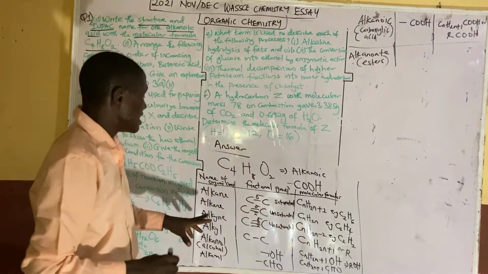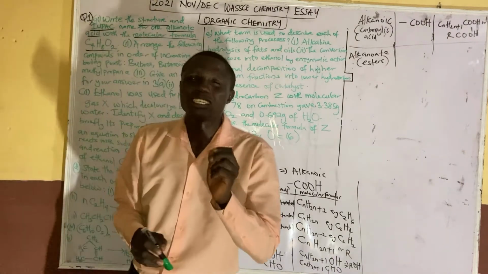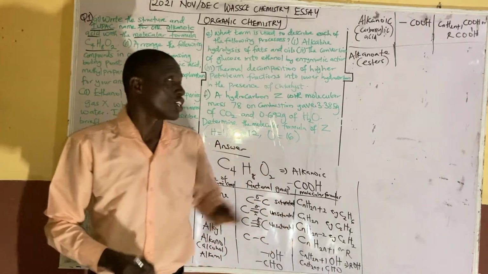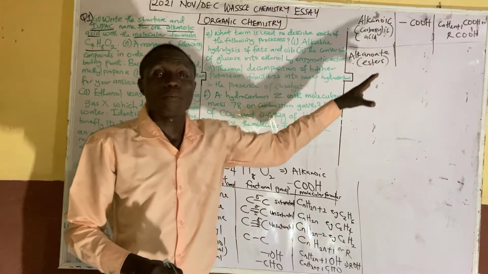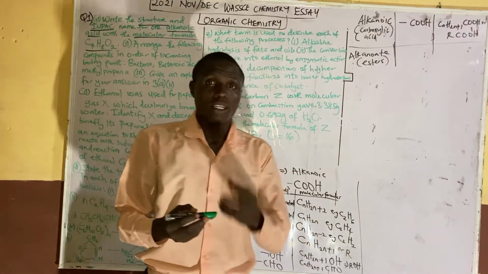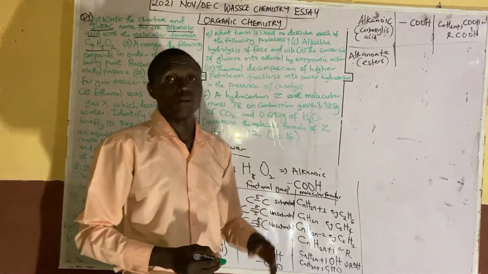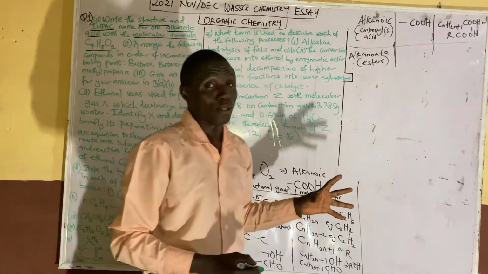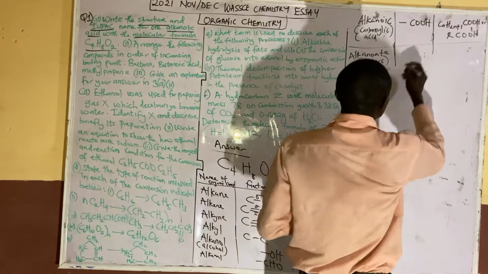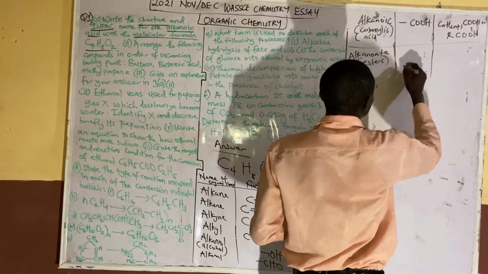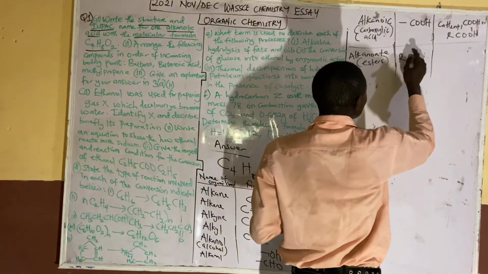Although other things have a slight sweet smell, it's not that obvious. The organic compound that has a sweet scent is the ester group. Call it the ester group.